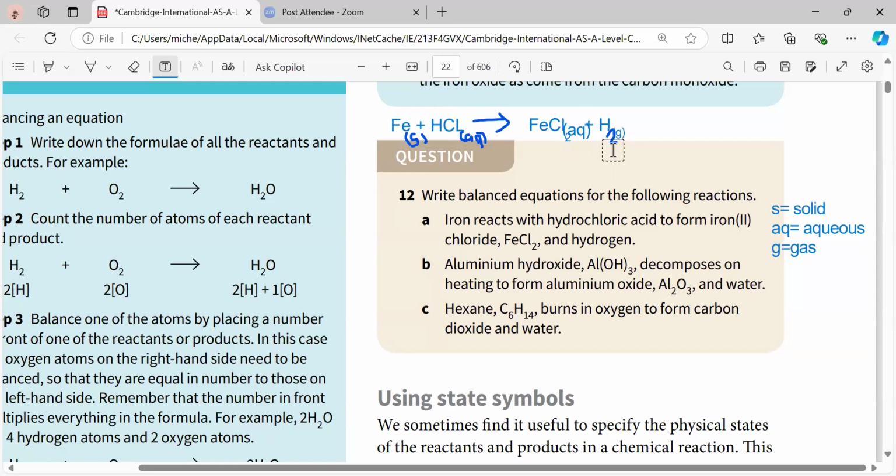Seeing this, we know that this equation is not balanced. When it's not balanced, we need to add something in front of it. So we're going to add two in front of hydrochloric acid, or HCl. Now we have two hydrogens on the left side and two hydrogens on the right side. So now it's balanced.